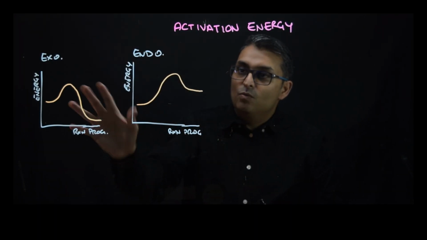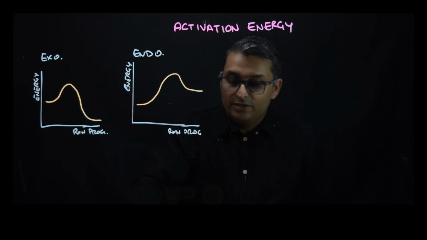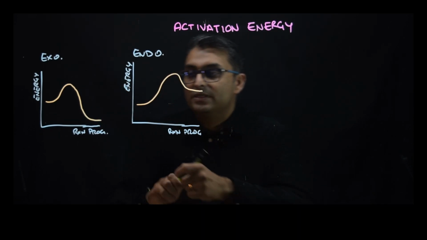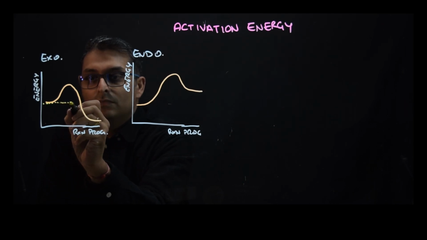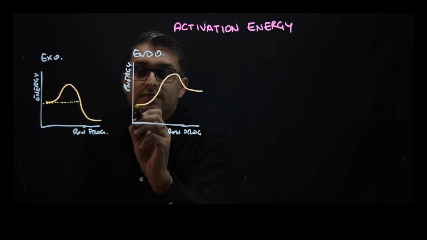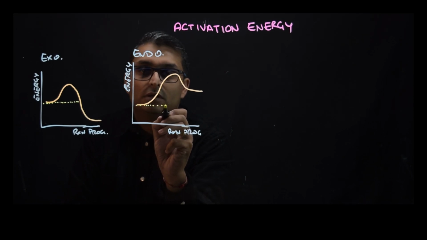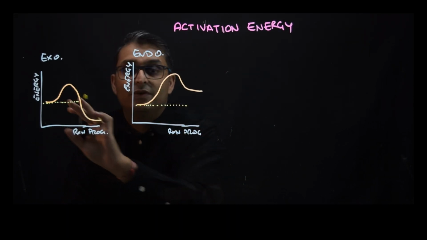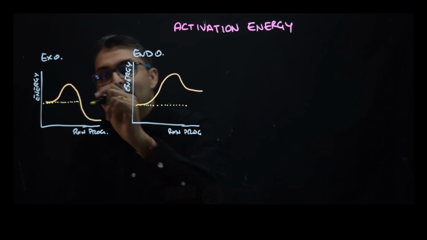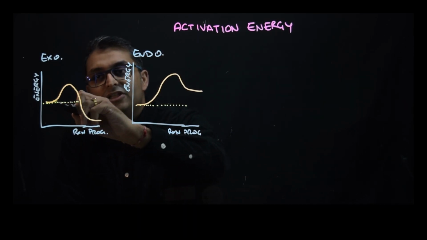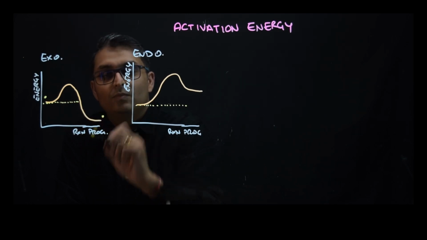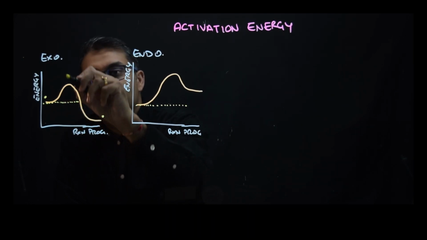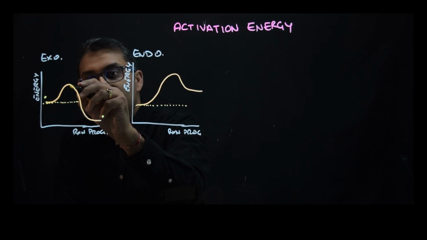So, what is activation energy in this? I'll use a different colour so it stands out. This is the starting point of the exothermic reaction, and this is the starting point of the endothermic. As you can see, to get from the start to the end, you need to increase the energy up to this top point here.